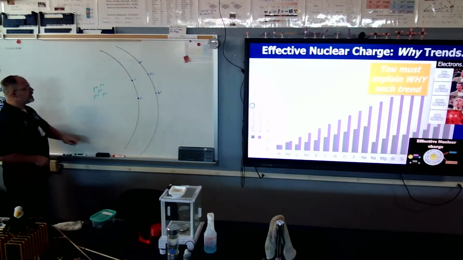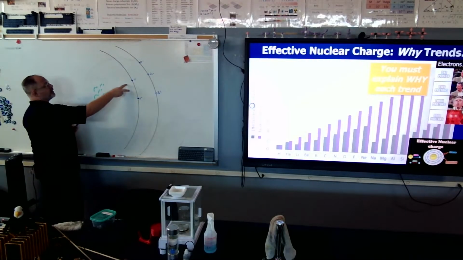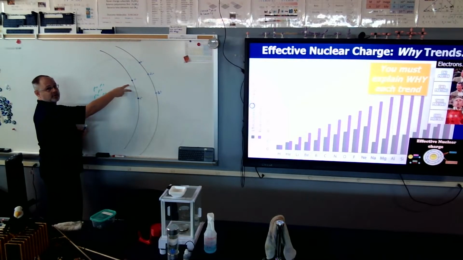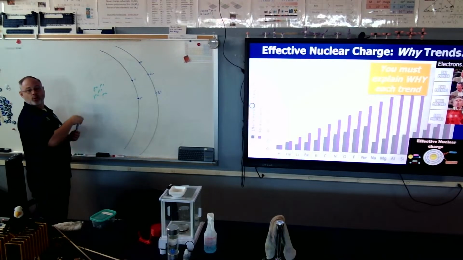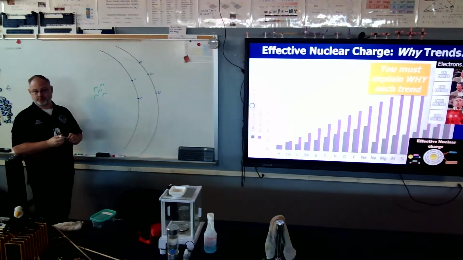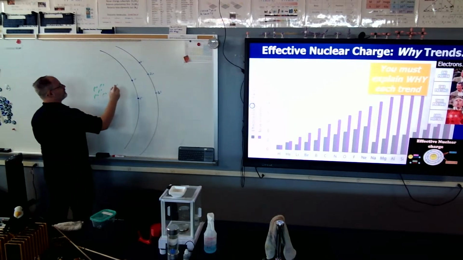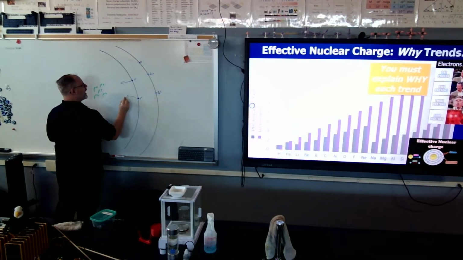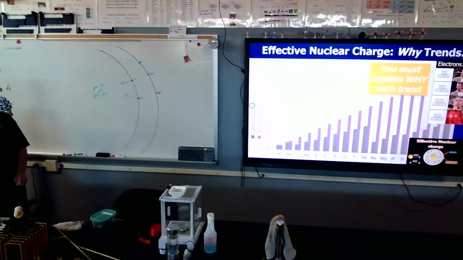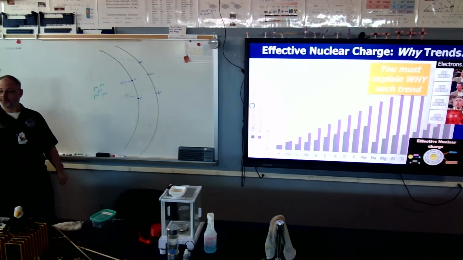So these 2 inner electrons, what are they doing towards the nucleus? Exactly, they're pulling in. So these guys are attracted to the nucleus. Make sense? Are the outer electrons attracted to the nucleus?